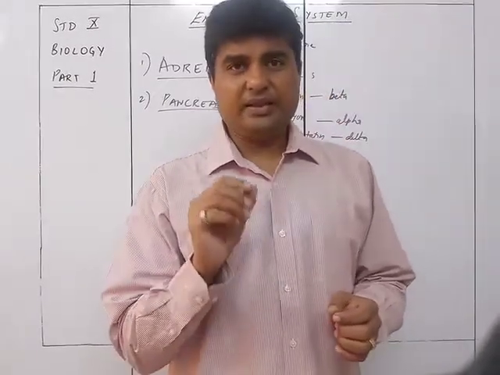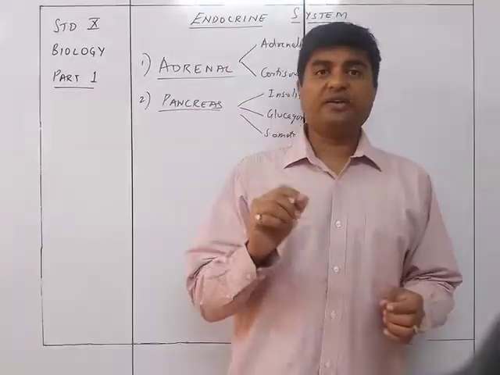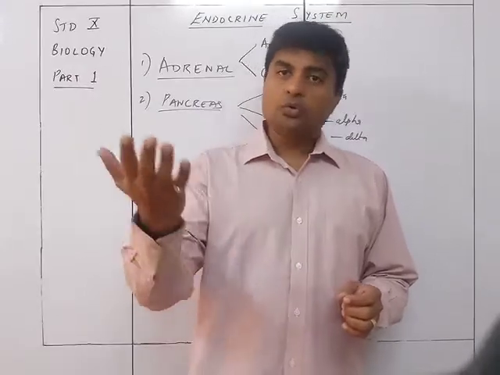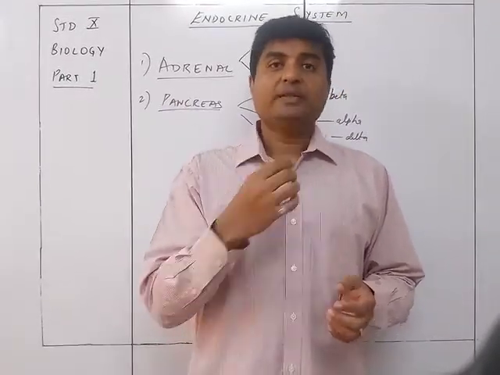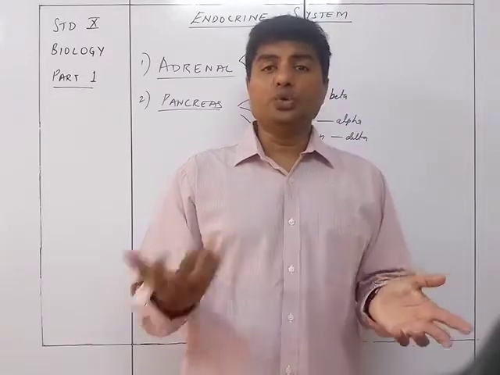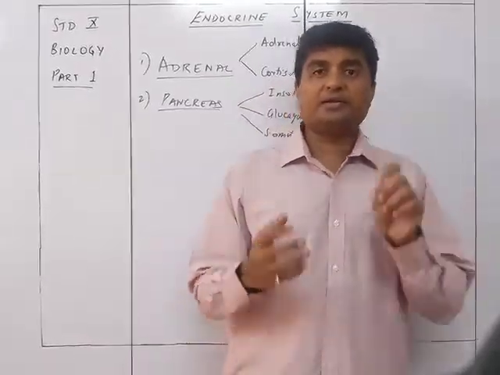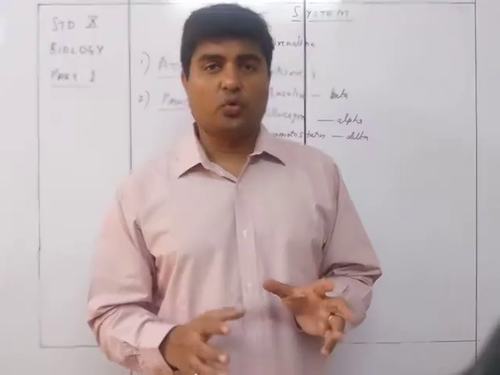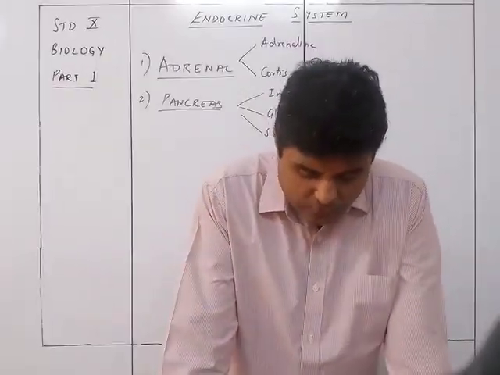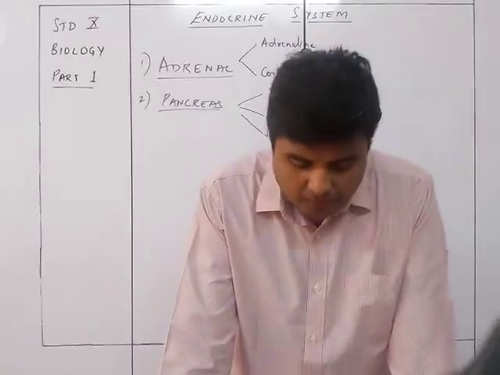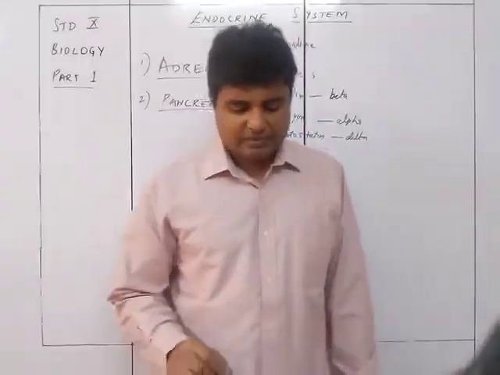If it is less, it will ask for more from the liver. If it is more, then it will try to get it used up and maintain the level of glucose in the blood. So it is done in two principal ways, the first being to promote glucose utilization by the body cells.